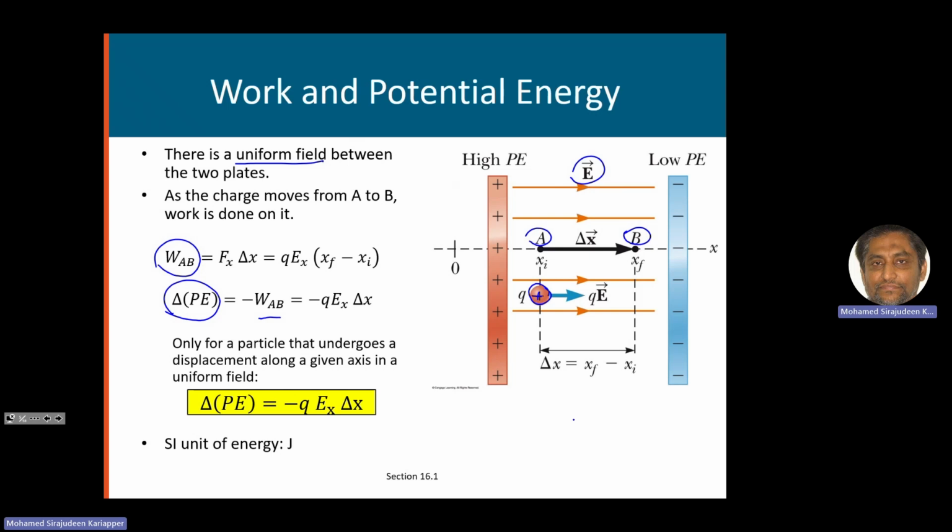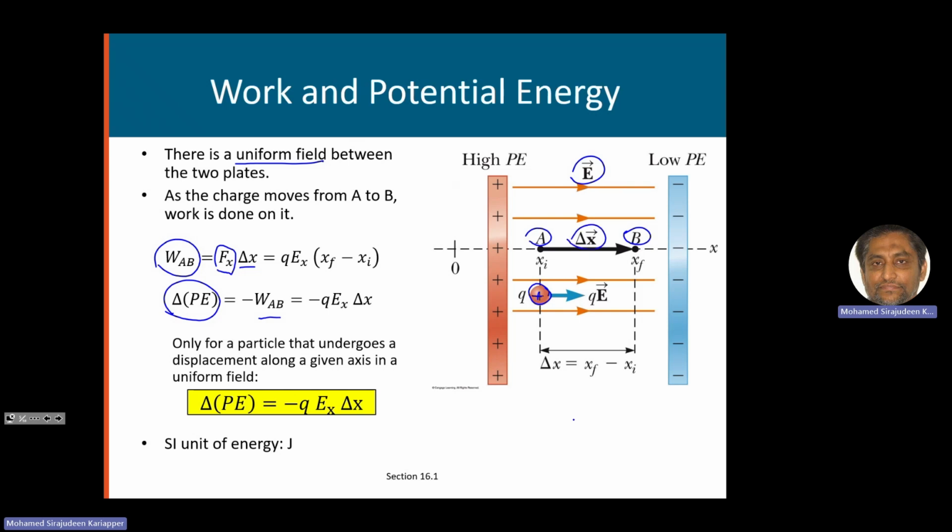Work done, if you remember, if the force is a constant, because the electric field is uniform, the electric force coming from that electric field will be a constant. So it will be simply the force multiplied by the displacement, while this charge is moving, let's say, a distance of delta x.